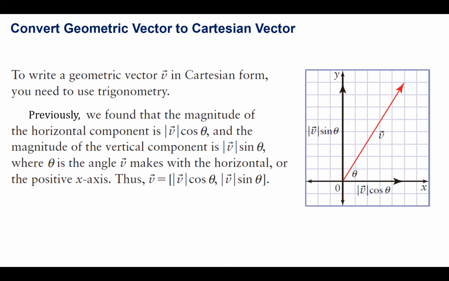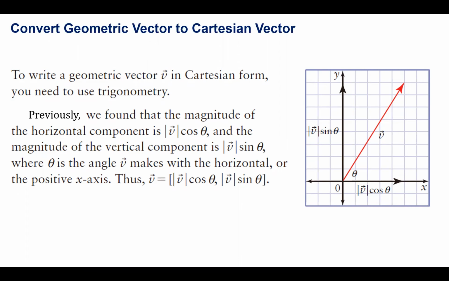Let's have a look at the next topic, how to convert a geometric vector to a Cartesian vector. To write a geometric vector V in Cartesian form, you need to use trigonometry. Previously, we found that the magnitude of the horizontal component is the magnitude of V times cosine theta.